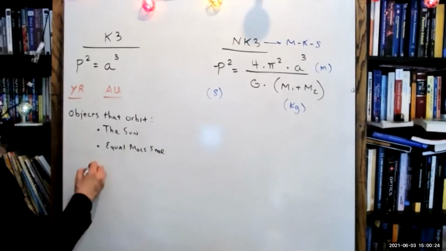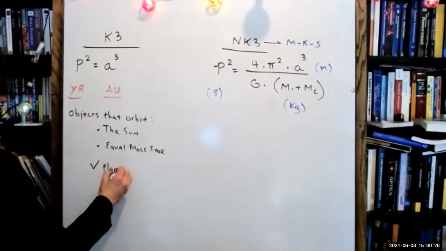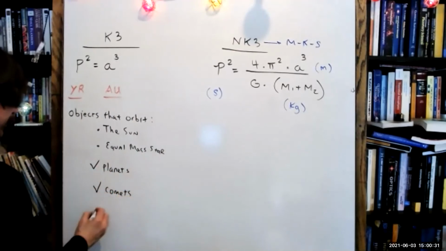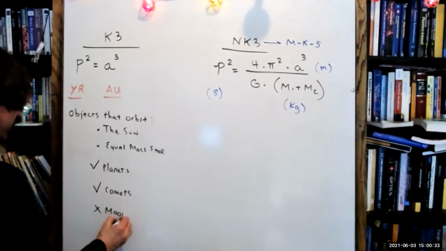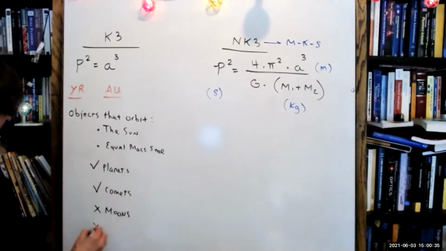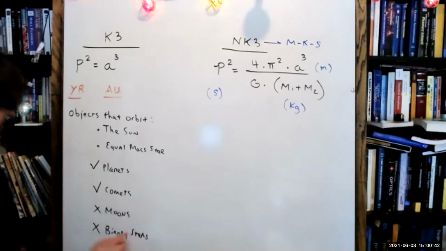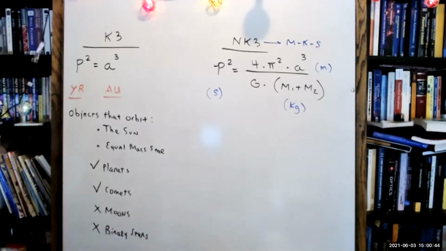That means it will work for planets. It will work for comets. It will not work for moons. And in general, it will not work for binary stars. And these are the contexts in which you guys will be using them.